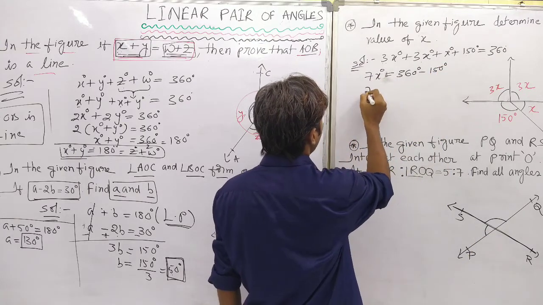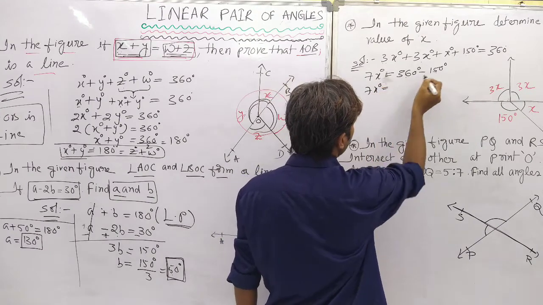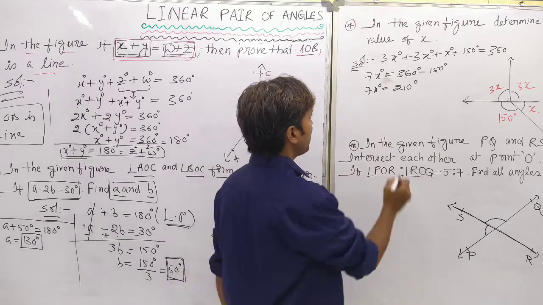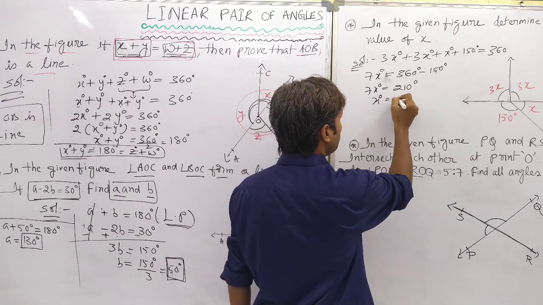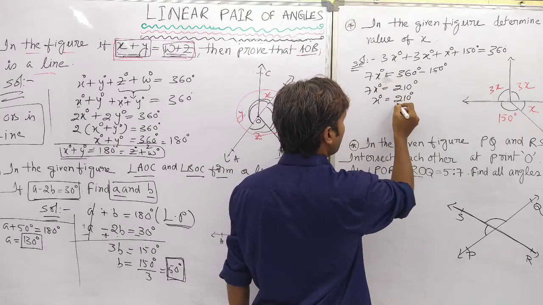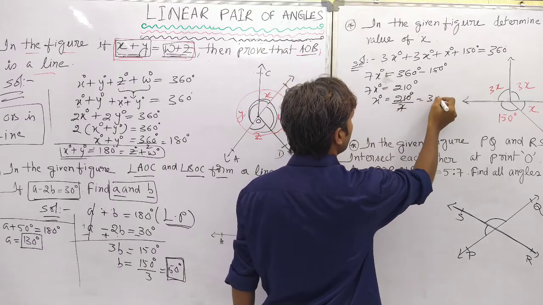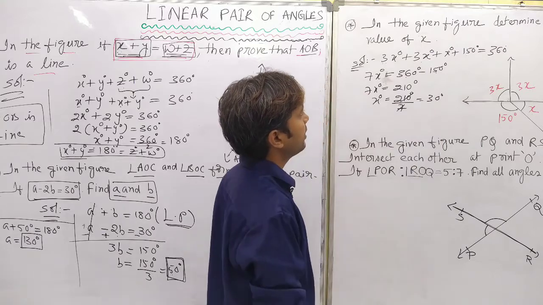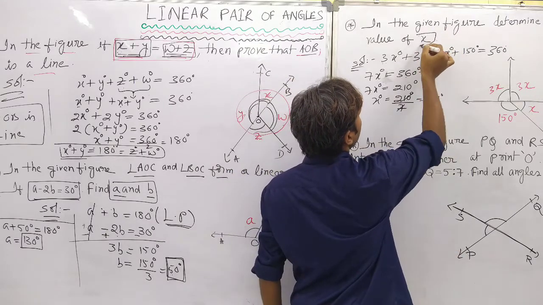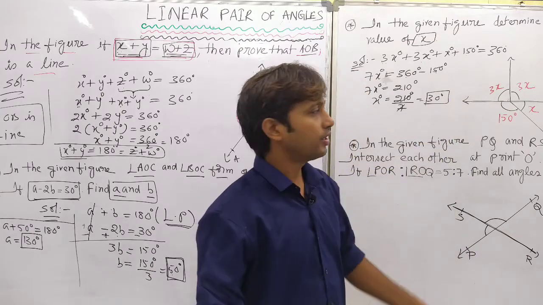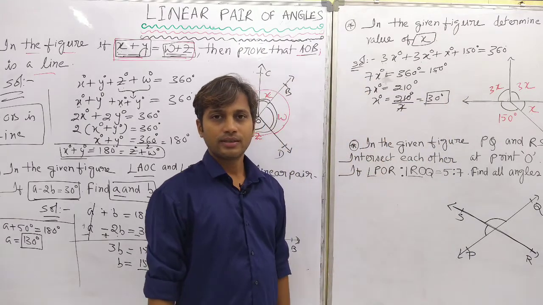Now tell me, 7x degrees equal to 360 minus 150 would be how much? 210, or not? 210. So now x degrees equal to 210 divided by 7, that would be 30, or not? So x equal to 30 degrees. So what we are asked to find here, the value of x, that we obtained. Finish.